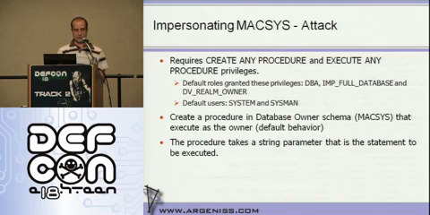As we know, Oracle by default executes stored procedures with the privileges of the owner of the schema. So if we are able to create a stored procedure in the Maxis schema, we can execute statements as this Maxis user.